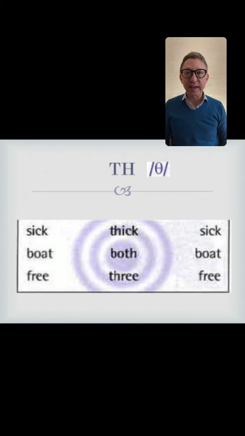Next, boat, both, boat. Next, free, three, free.